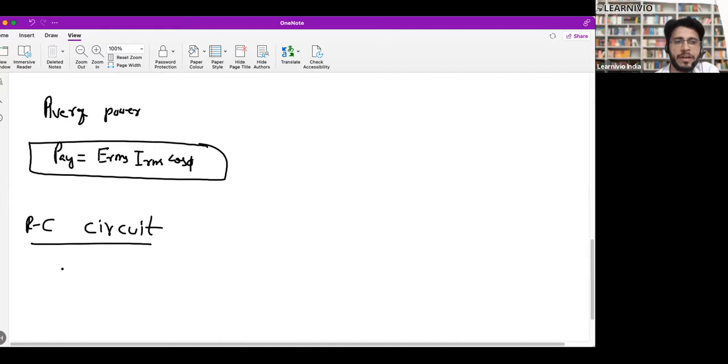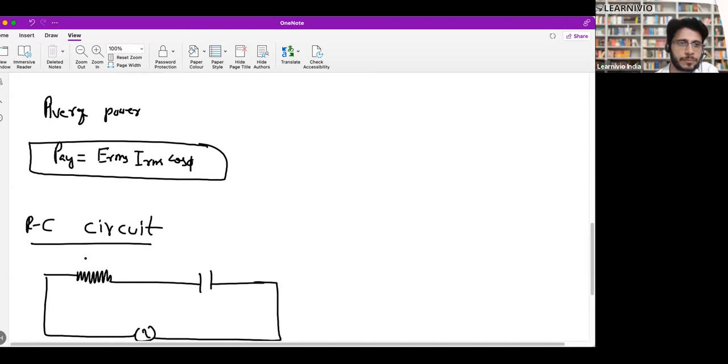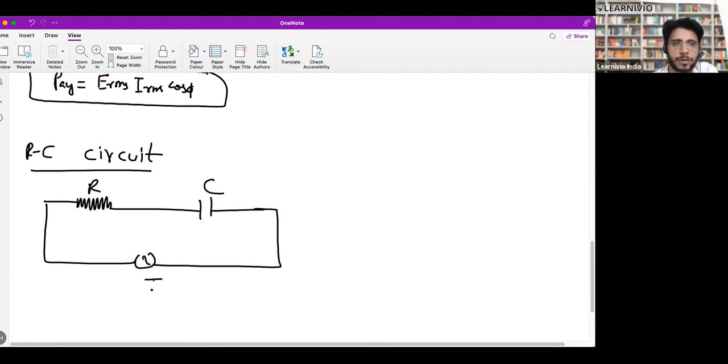So now you'll remove the inductor. So you have a resistor and you have a capacitor. They are connected to an AC supply. Resistance R, capacitance C, I naught sine omega t.